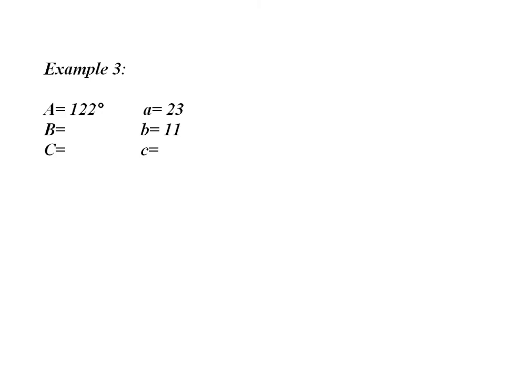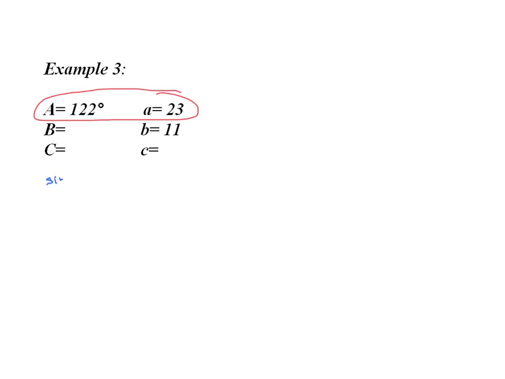Alright, notice on this example again, we're given a pair, so I'm given both my a values. In this case, I'm only given one angle, so we can't find my third angle. The only thing you can solve for in this case is angle B, because that's the only other side I'm given. So if I go ahead and solve for B first, I'm going to set up my proportion.